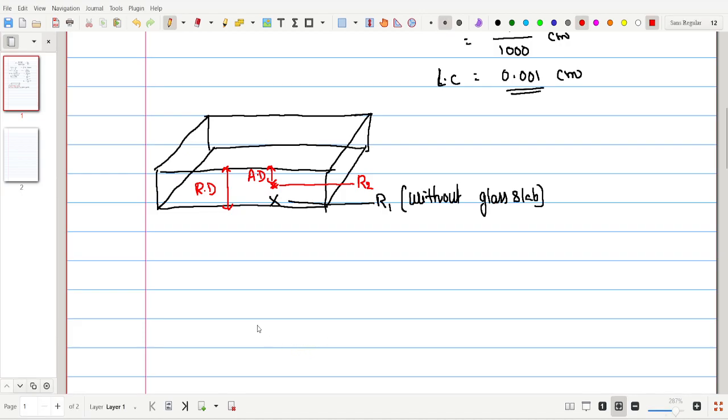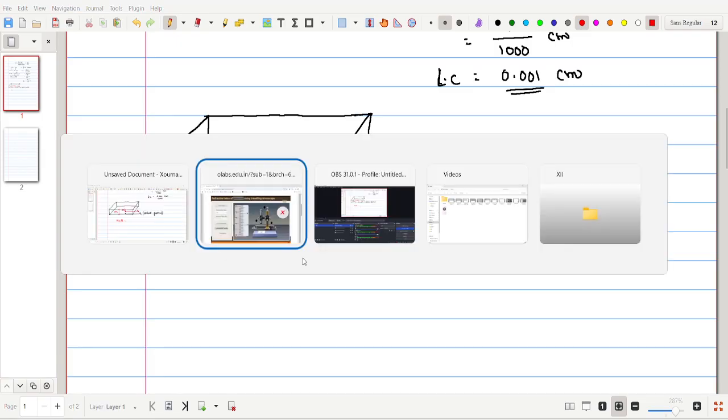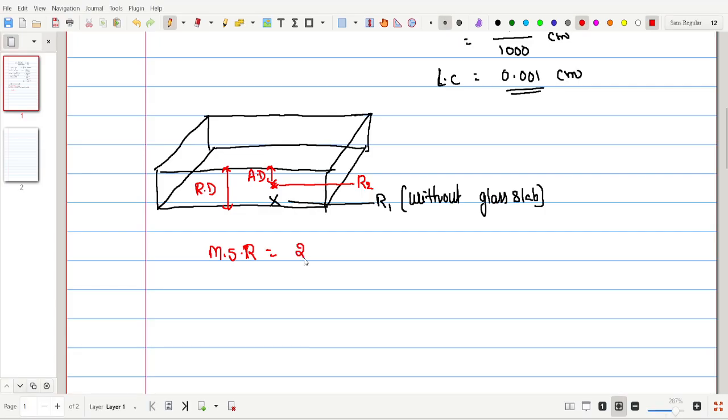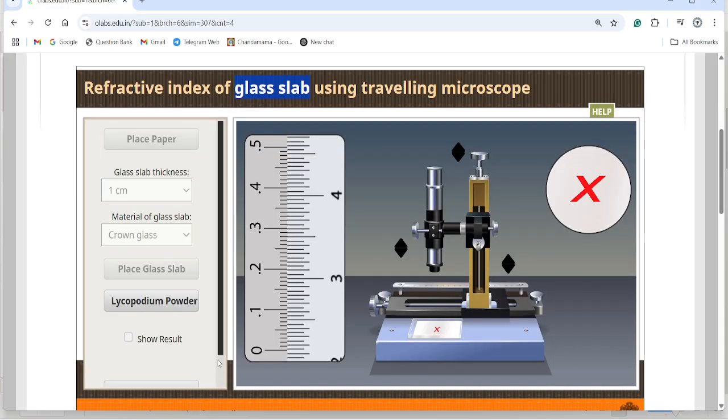Right now, to find R2, the main scale reading is 2.10. Now, what is the vernier coincidence? Leave this 0 and go up to this.